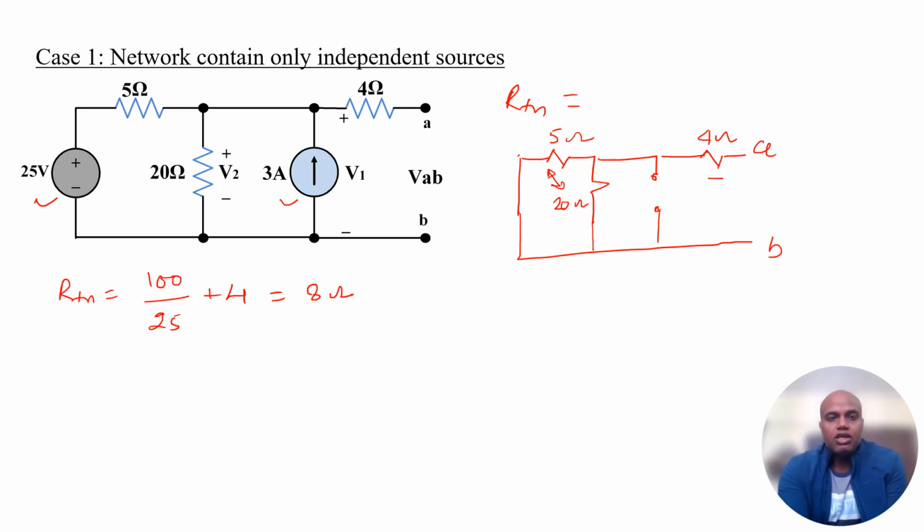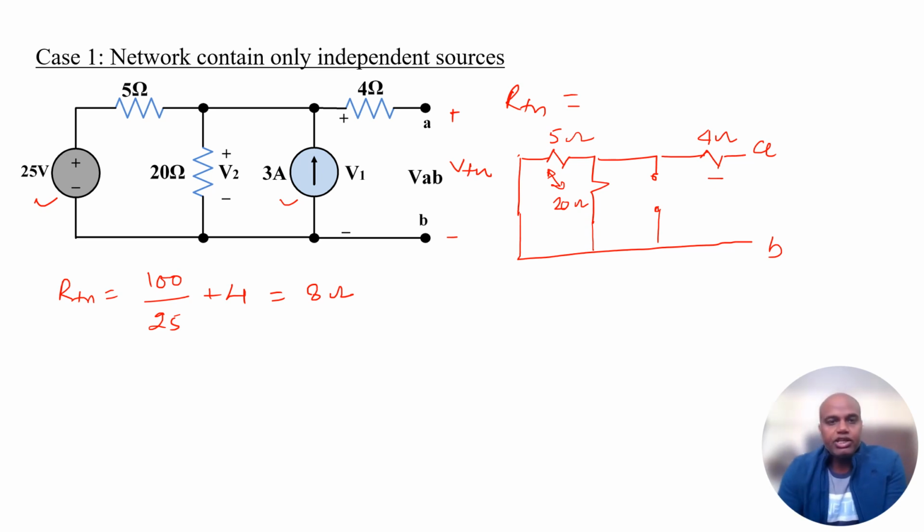Similarly, to find the VTH for this circuit, VTH is nothing but the voltage across these two terminals. So this becomes the VTH. We can easily apply KVL and KCL to get the value of the VTH.